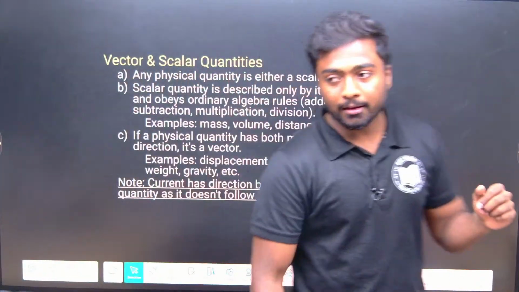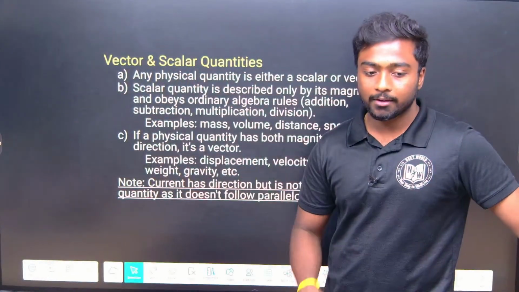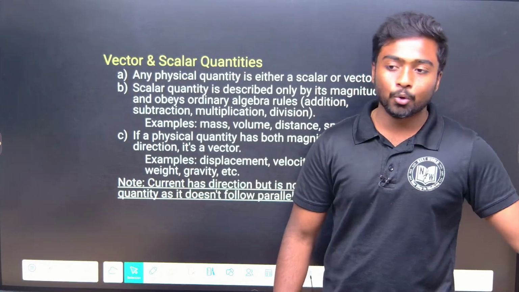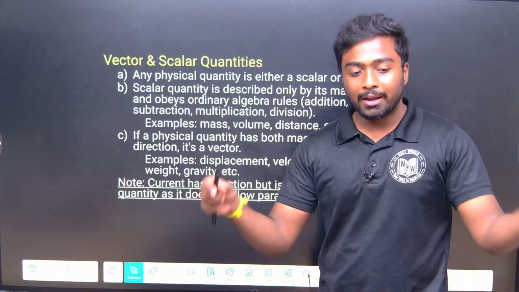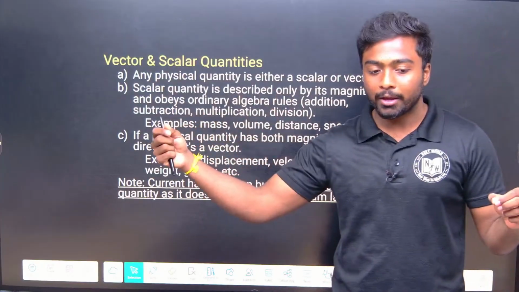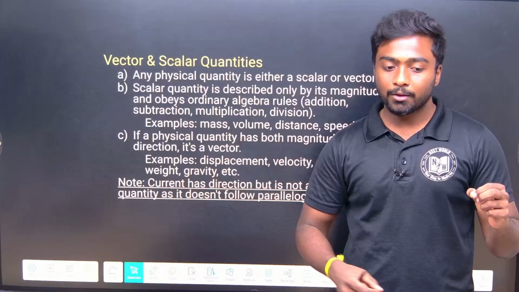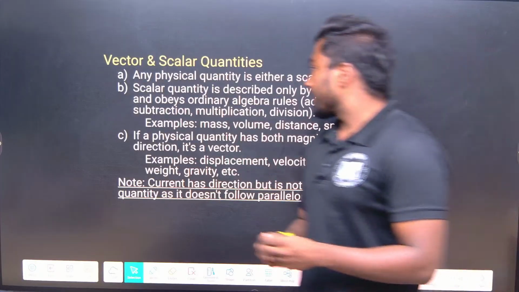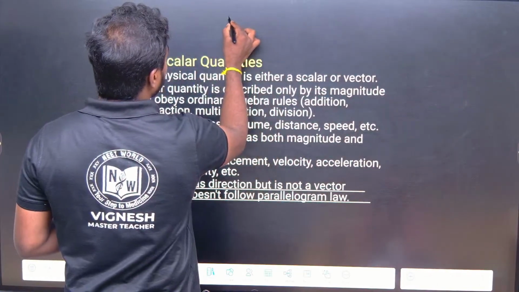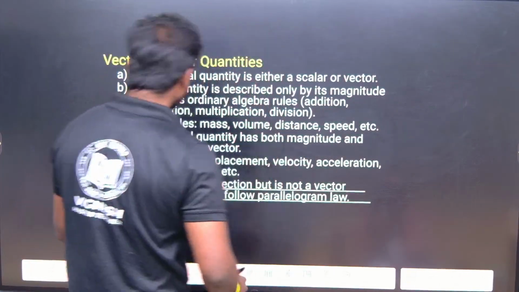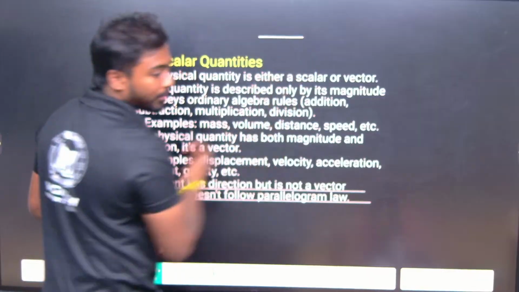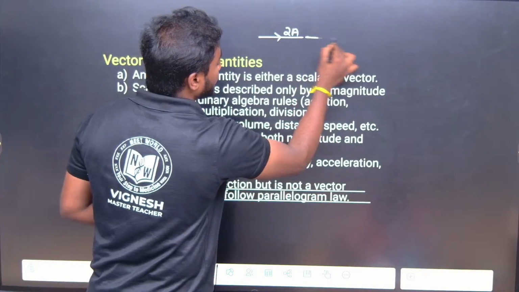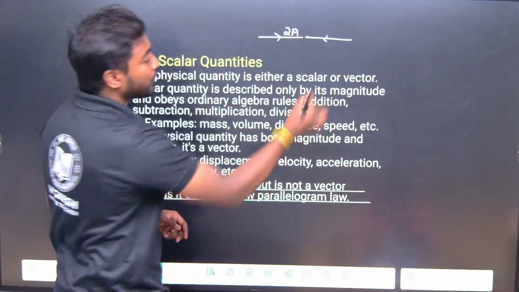Okay. So the current has direction, but it does not follow the vector quantity. See, if I take current, 2 wires are there. One wire is giving 2 ampere, the other wire is giving 3 ampere. If I connect both wires into a single wire, total ampere is 2 plus 3, which is 5. In this case, one is coming from left to right, 2 ampere, and one is coming from right to left, 3 ampere.